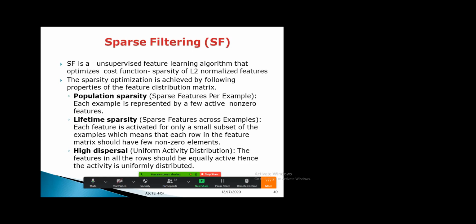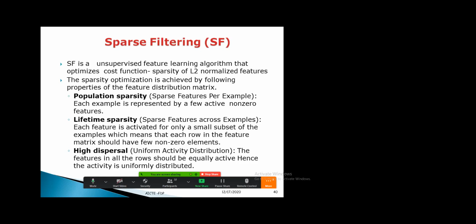Then what is the second concept here? That is lifetime sparsity. That there are sparse features across examples. So each feature is activated for only a small subset of examples, which means that each row in the feature matrix will have few non-zero elements.